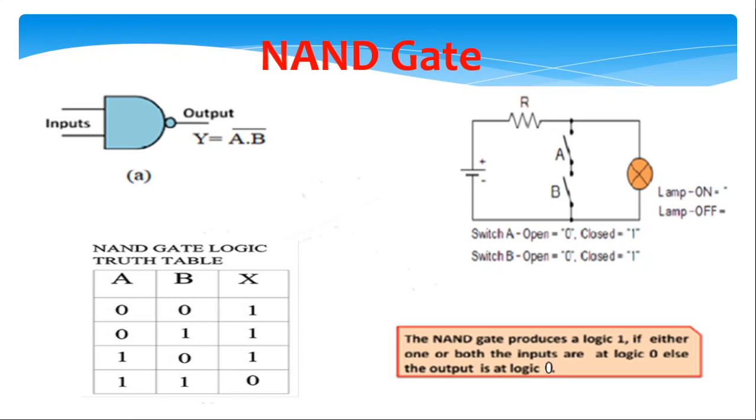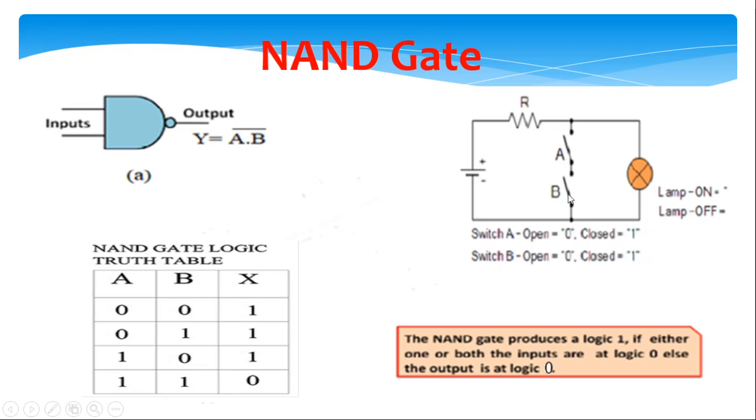which is constructed using switch analogy, the switches are in parallel with the battery and lamp. The NAND gate produces a high output when any of the inputs, either A or B or both, are low.